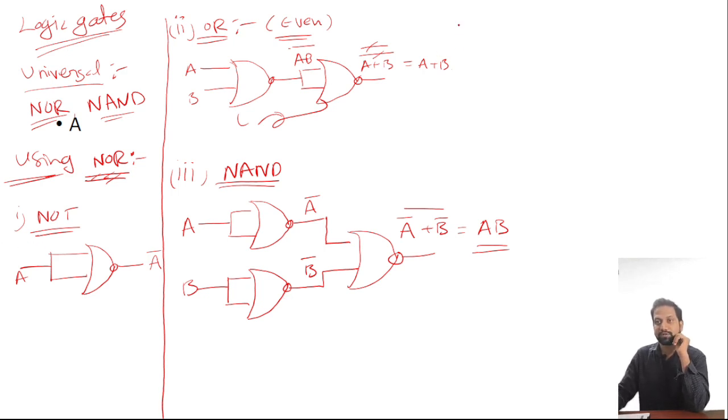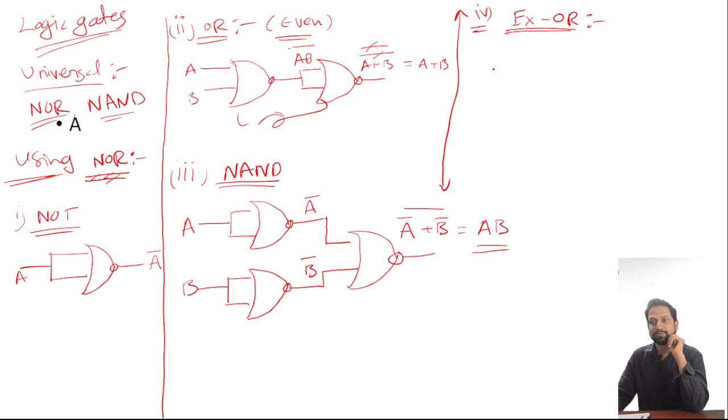And what about the XOR gate? The XOR gate is the fourth case, the exclusive OR gate. It is very simple.